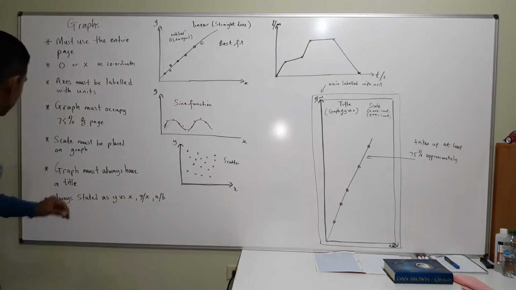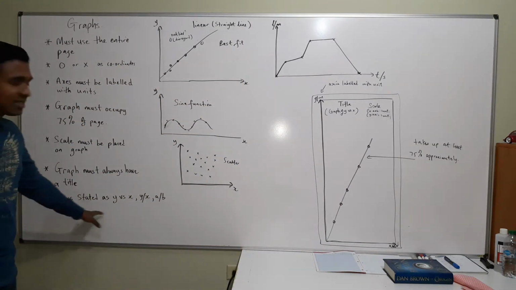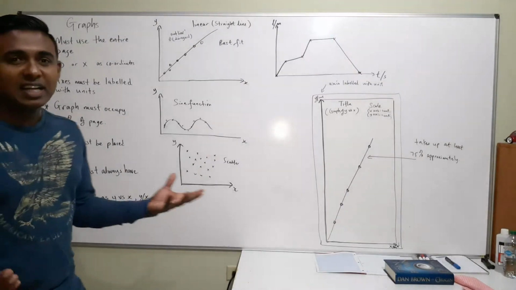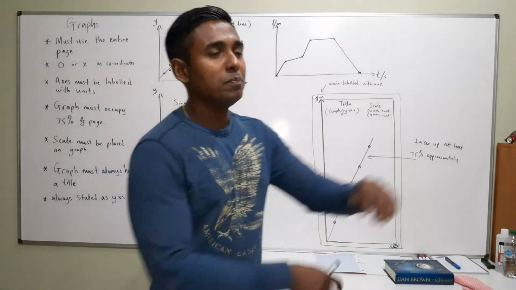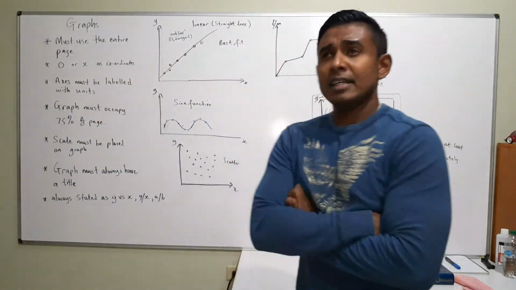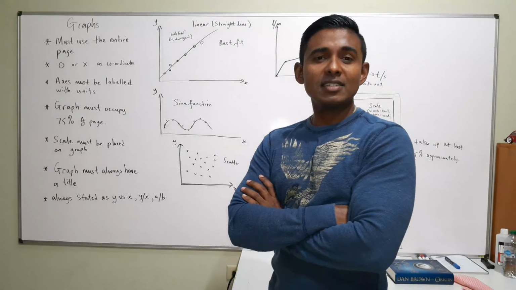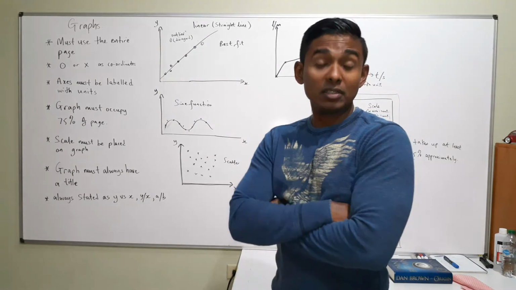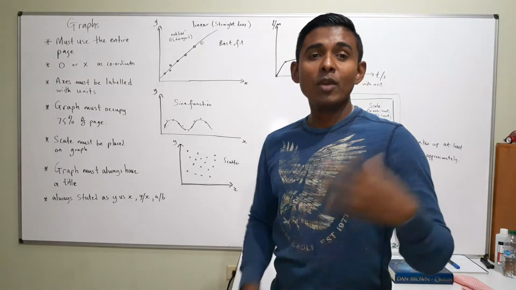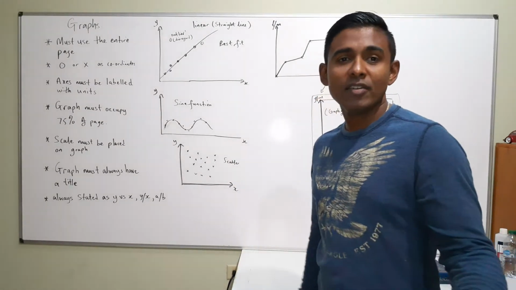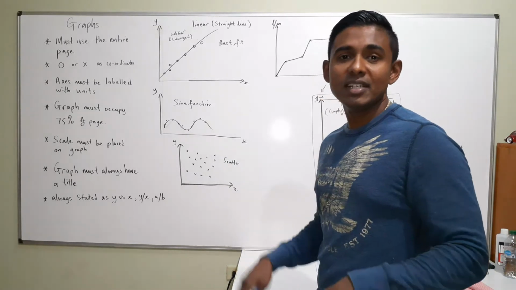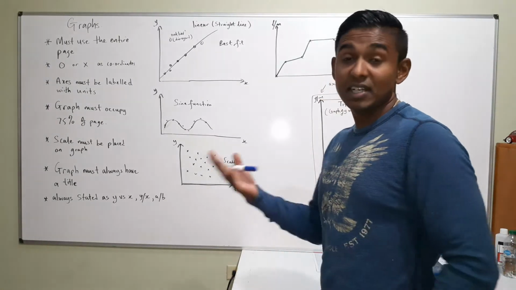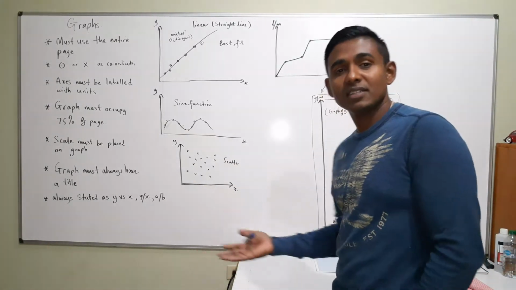And then, of course, how do we state a graph? Let's say I ask you to plot number of coronavirus cases versus the day of the month. Where will you put the number of coronavirus cases and the day? Will you put the days on the y-axis or the vertical axis, or will you put it on the x-axis?